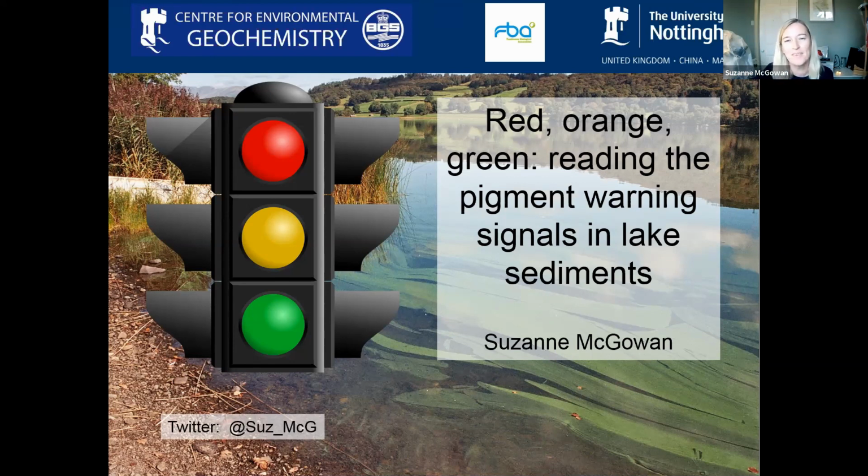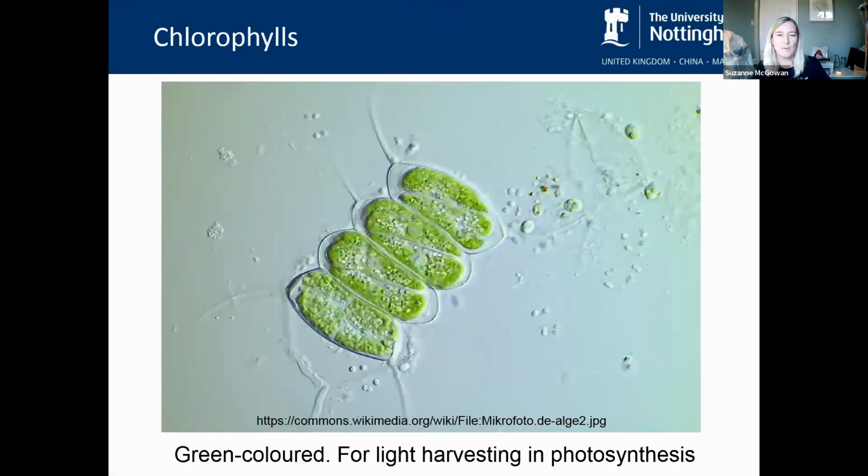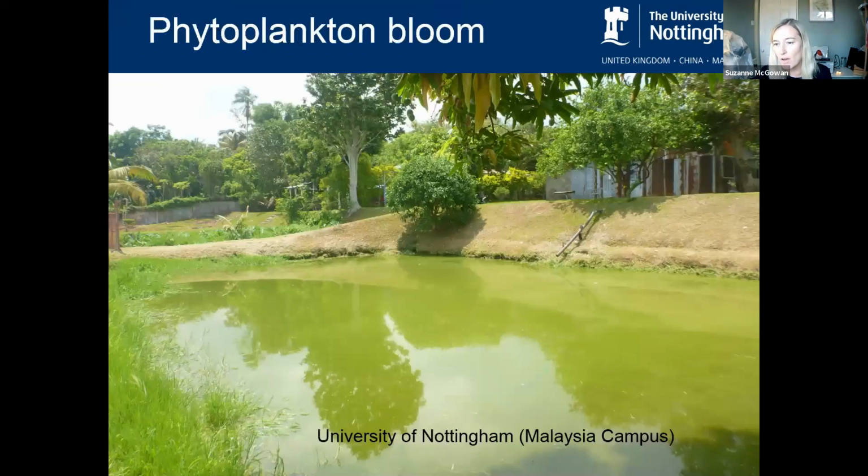So I'm going to start off with what pigments am I talking about? There are lots of pigments in microbes. The ones that I mainly focus on are chlorophyll type pigments, which are generally green coloured and used for light harvesting in photosynthesis. That's the colour that often leads to the characteristic colours on ponds for phytoplankton blooms.